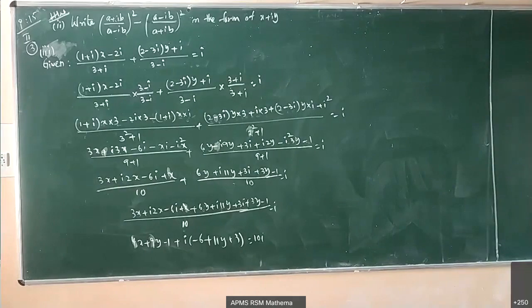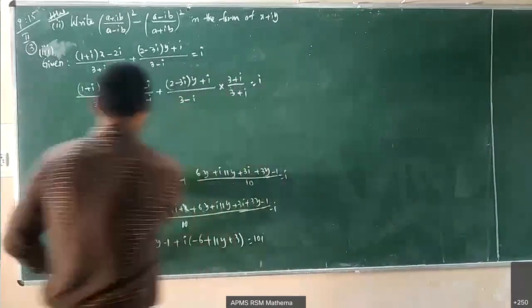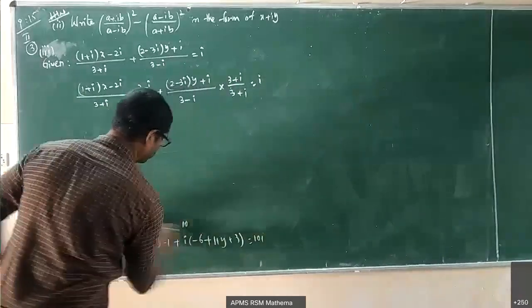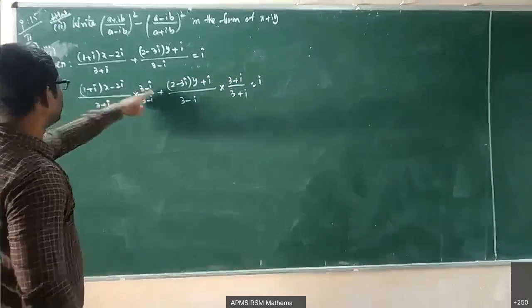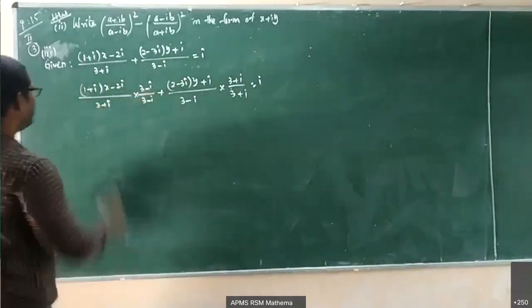So we made a mistake here. So wait. We forgot to multiply with i, 2i into i.